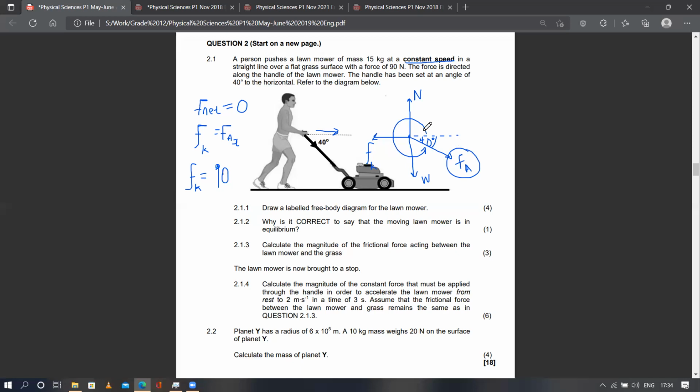So what I can do is say it's 90 the cos of 360 degrees minus 40 degrees, because this angle is actually going to be 360 minus 40. So that's going to give me 320 degrees.